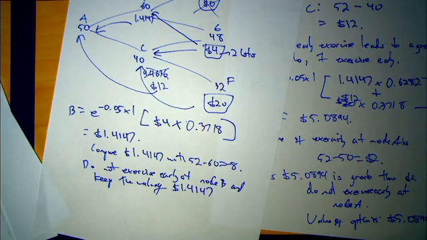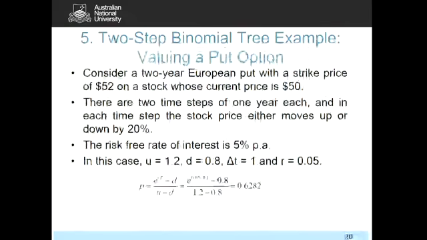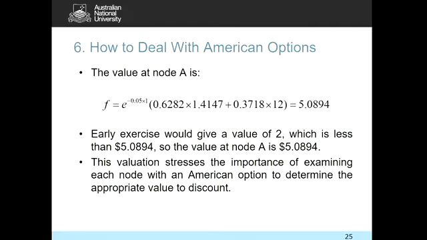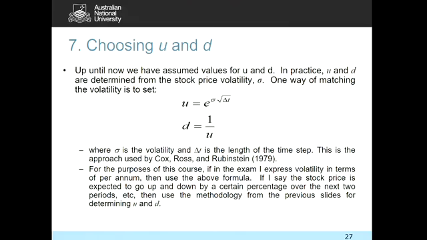Okay, so remember I said there are 3 ways of calculating U and D. I can give you dollar amount changes, so going up or down, $22, $18. I can give you a percentage increase, 20% increase, 20% decrease, or I could tell you the overall volatility of the stock, which we measure by standard deviation.